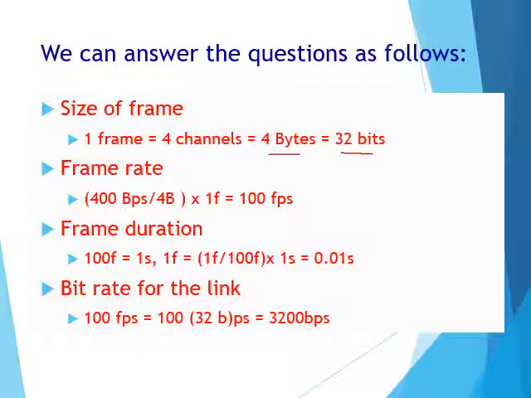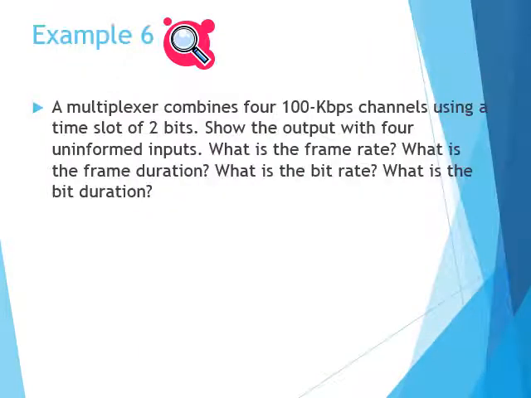The frame rate is 100 frames per second. The frame duration is 1 divided by 100 frames. The bit rate equals the frame rate multiplied by 32. Why? Because each frame contains 32 bits.